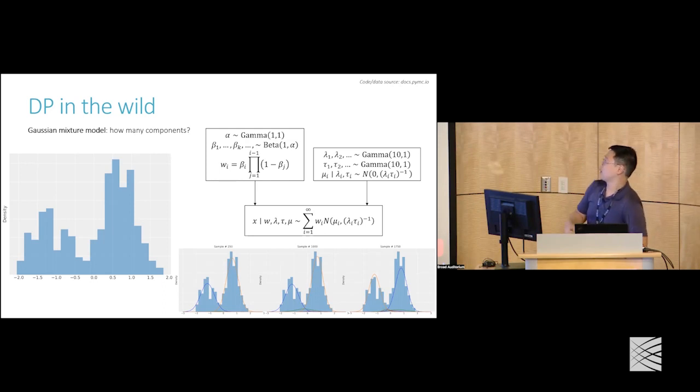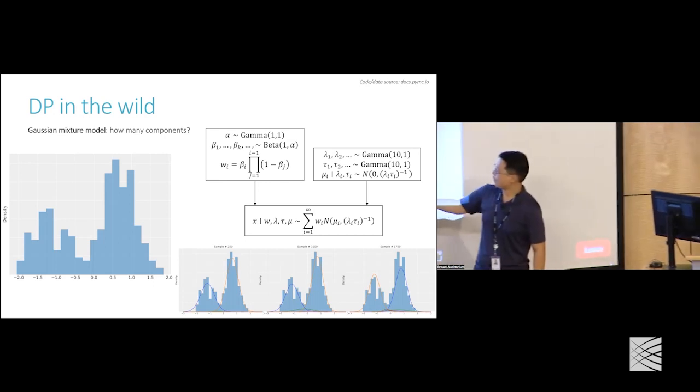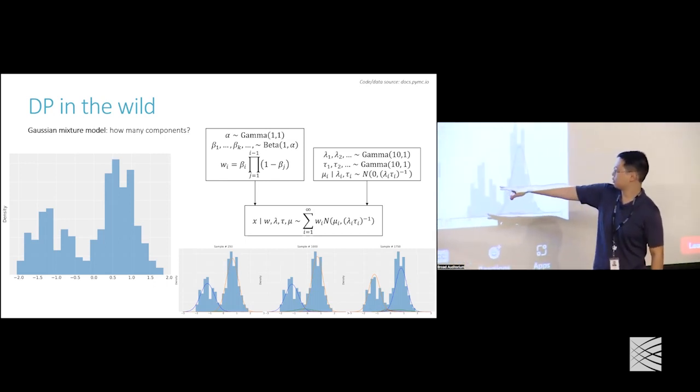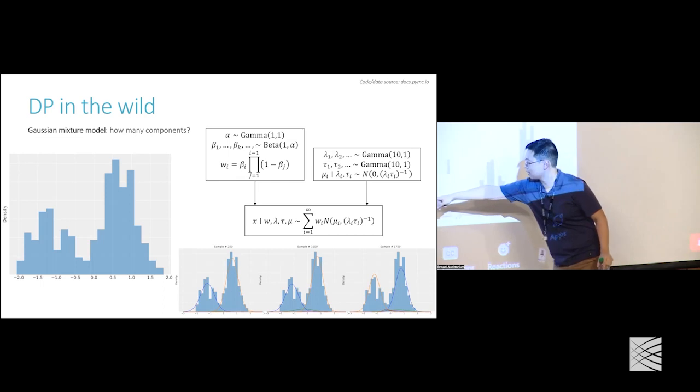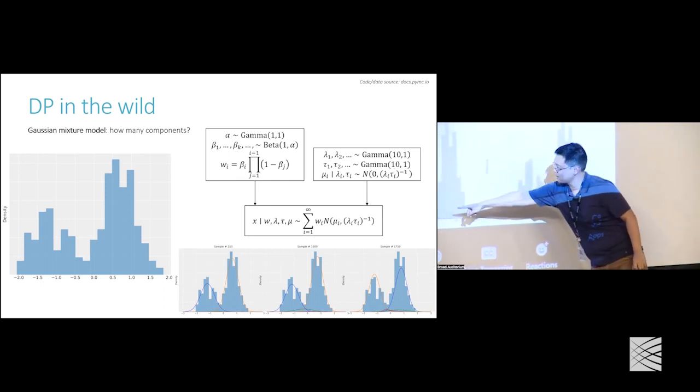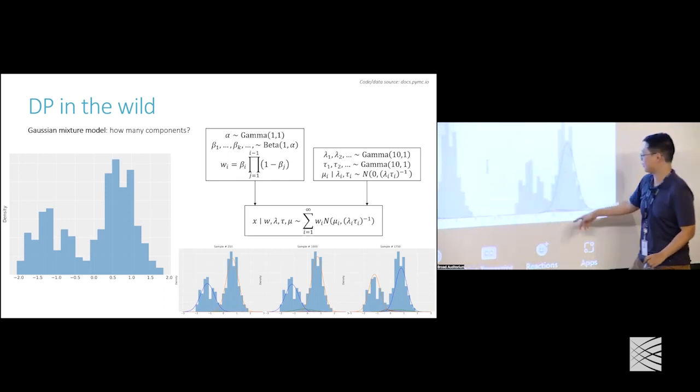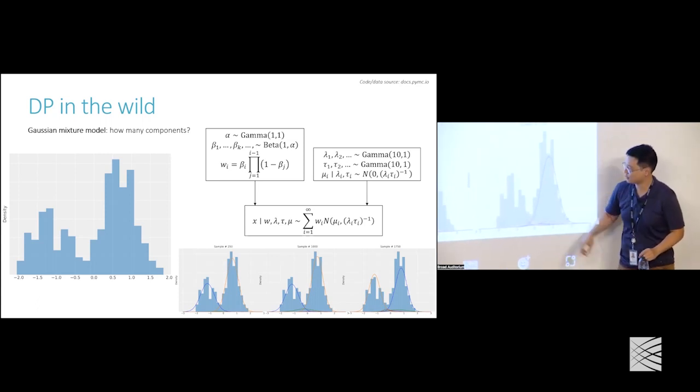If you try this, it actually yields something very interesting: you often get 2 components, but sometimes you'll get posterior samples which include 3 components. And here it's actually 4, even though it's slightly hard to see.